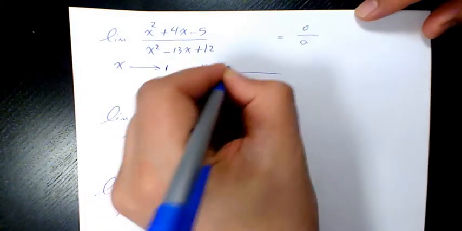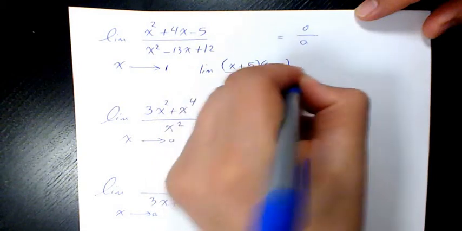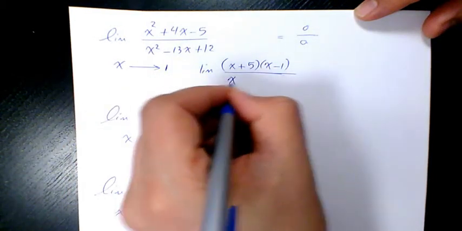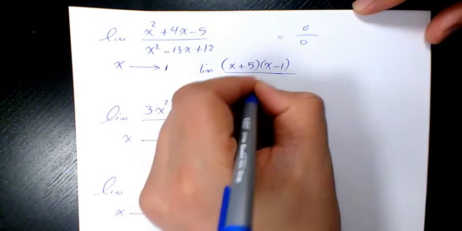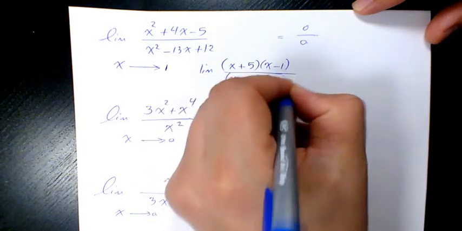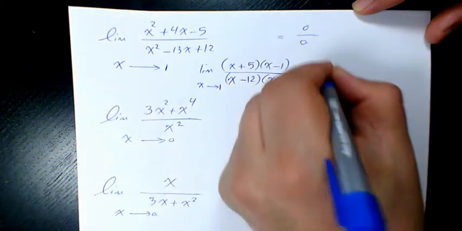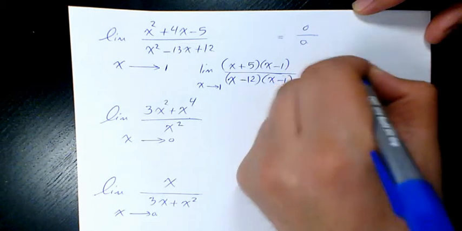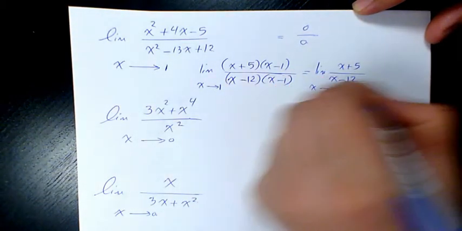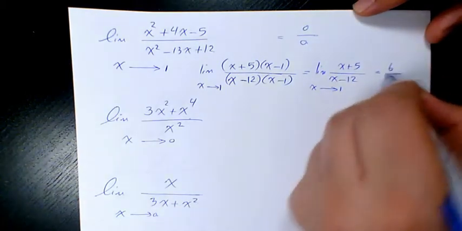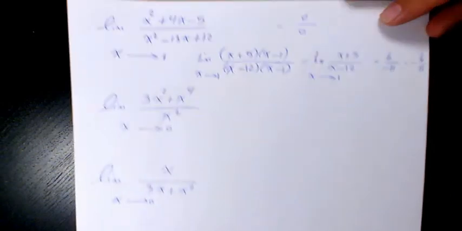It's going to be (x plus 5)(x minus 1) over (x minus 12)(x minus 1) when x is approaching 1. These two cancel out. It's going to be the limit of (x plus 5) over (x minus 12) when x approaches 1. 6 over negative 11. So it's going to be negative 6 over 11.